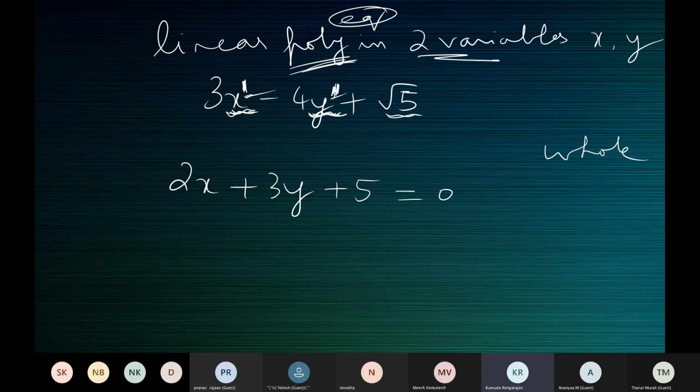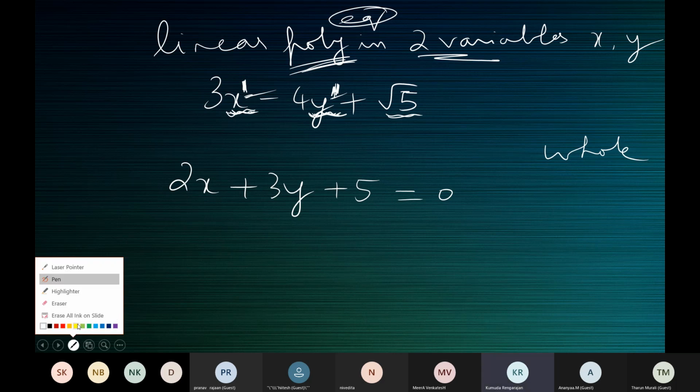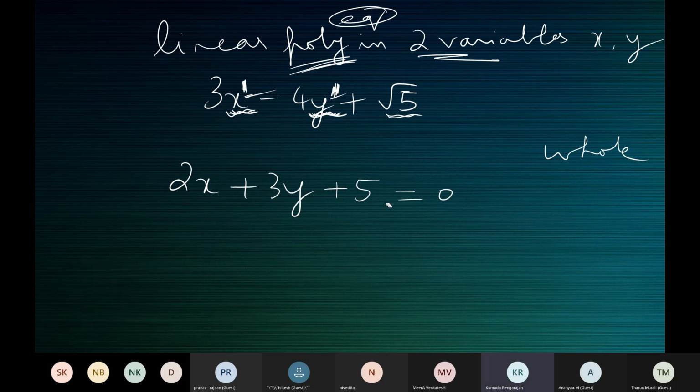When you say is equal to 0, then it becomes a linear equation, not a linear polynomial. It becomes a linear equation in two variables x and y. So for now, we are not saying equal to 0. However, you can understand that when you say equal to 0, it becomes a linear equation in two variables x and y. All right. So this can be another example of a linear polynomial.